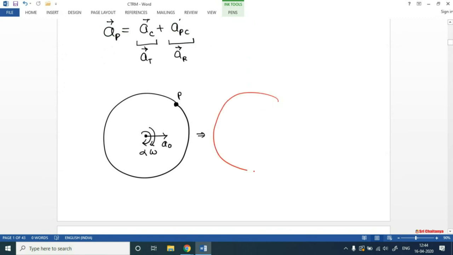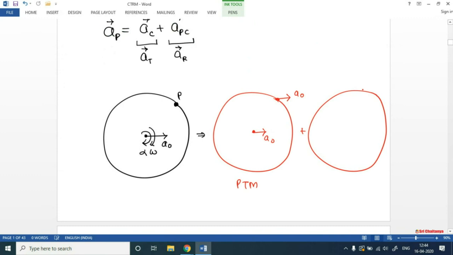So if we consider the translational motion, since the acceleration of this point is a naught, in purely translational motion the acceleration of this point P would be a naught as well. And plus we will vectorially add another motion, that would be a purely rotational motion of this body about an axis passing through center of mass.